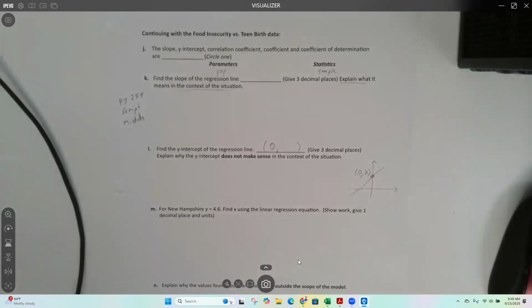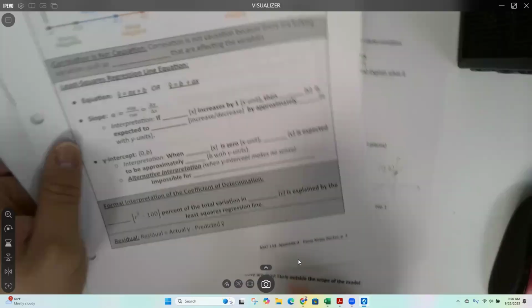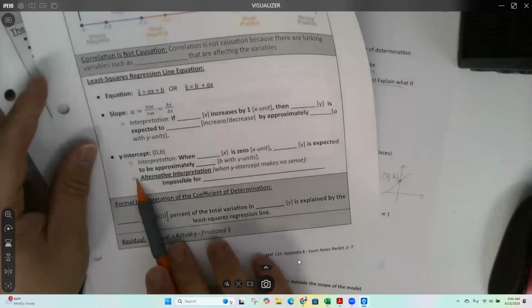Usually when we're talking about least squares, the y-intercept is just a number, but it doesn't actually have much meaning, okay? That's not always true. There are times that 0 is useful, and you have to pay attention because it depends on the context of the situation, okay?